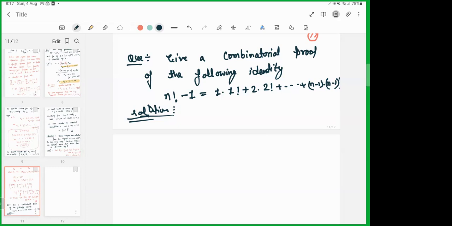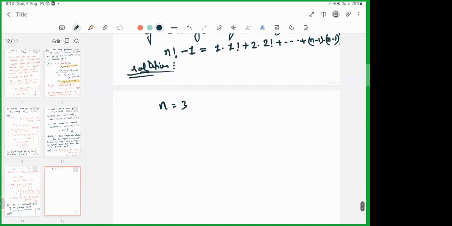That is the meaning of subtraction, right? N factorial means I have all possible permutations among n symbols. Then I am removing one permutation, so we have exactly n factorial minus one permutations. Suppose n is equal to 3.